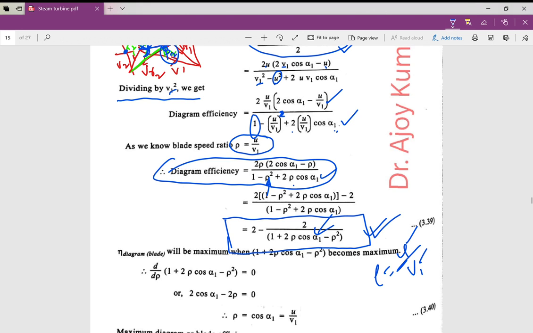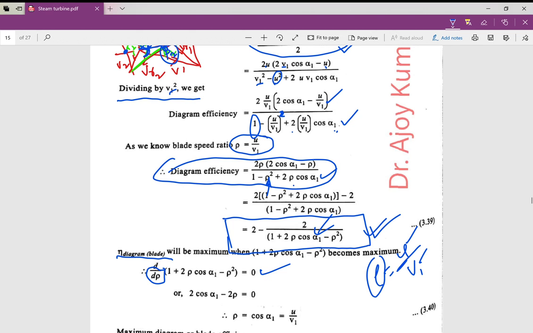It means rho is a variable quantity, and henceforth for getting maximum efficiency, this diagram efficiency is differentiated with respect to blade speed ratio. It is differentiated and equated to 0.